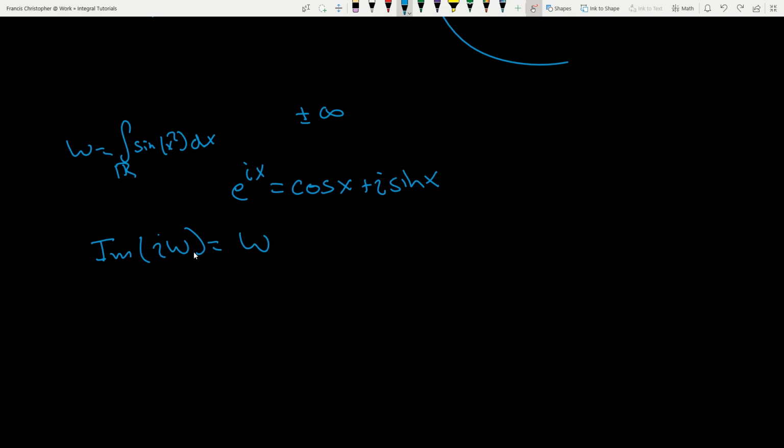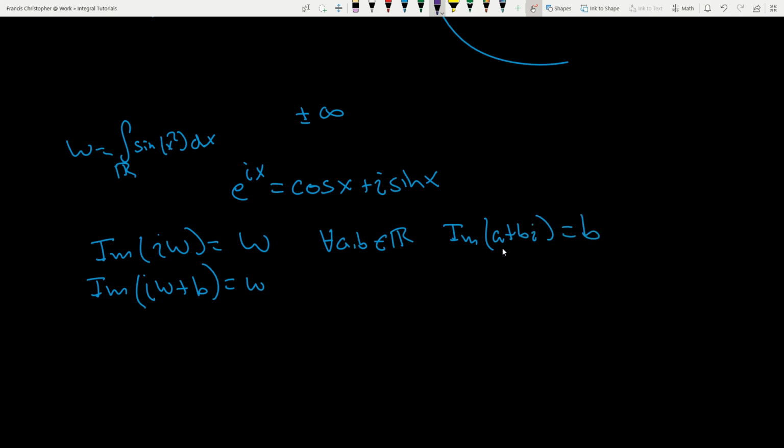And what's nice about stepping up a dimension is that we can sort of mathematically abuse this with e to the iw plus b, a real number, that this is still w. So for all a and b in R, the imaginary part of a plus bi is still b.